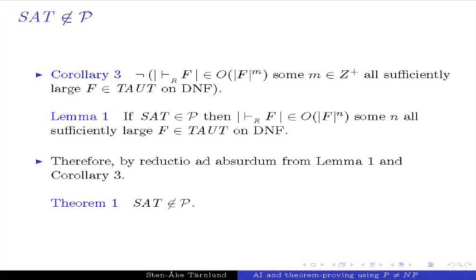Well, what's wrong with that? Because that's a contradiction. Well, what is wrong is that our assumption that SAT is in P can't be right. So that must be false. So we have our first theorem that says that SAT is not in P.